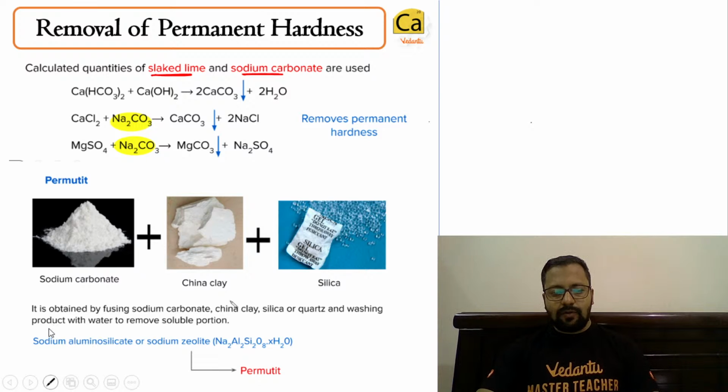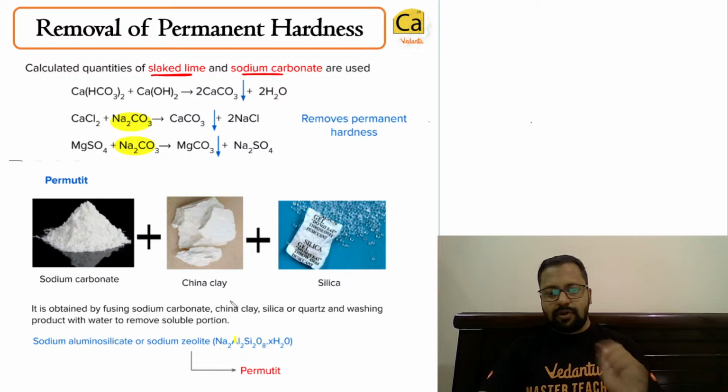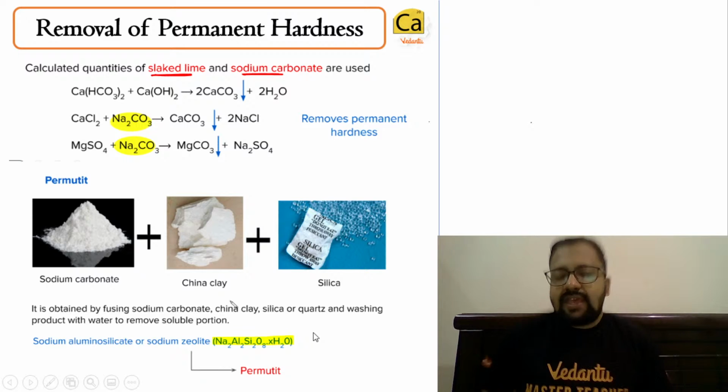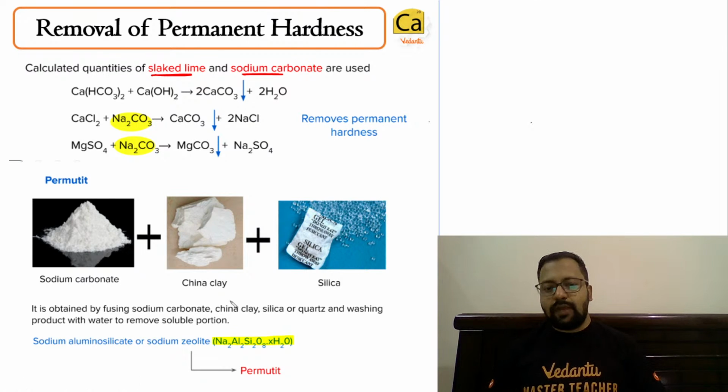I don't know the brand names for it. However, this is a very straightforward process. Can you see this aluminosilicate? It contains a Si2O8 unit. This is known as a silicate.